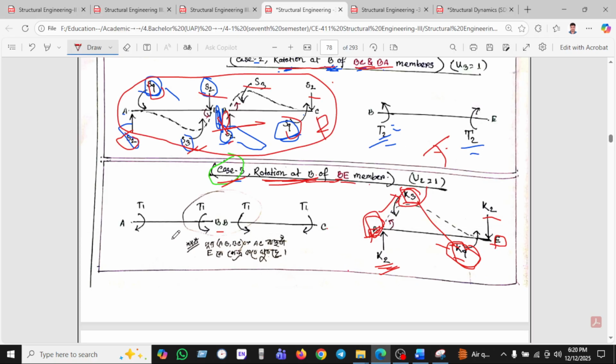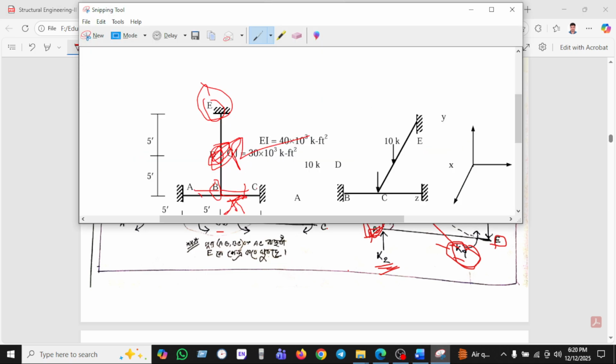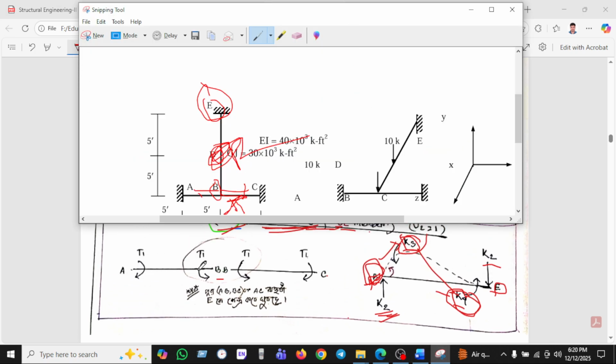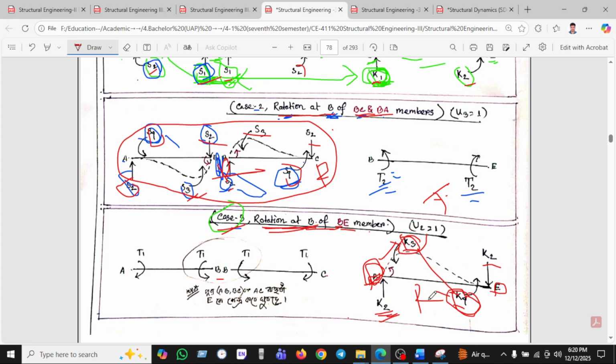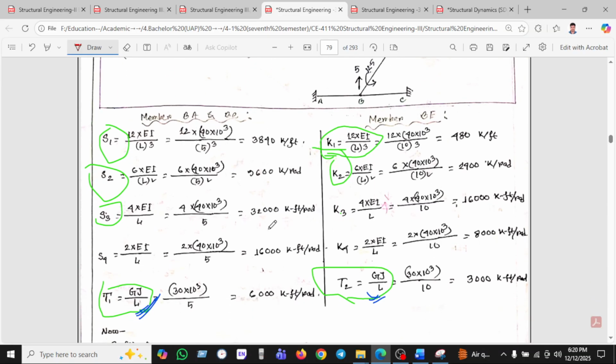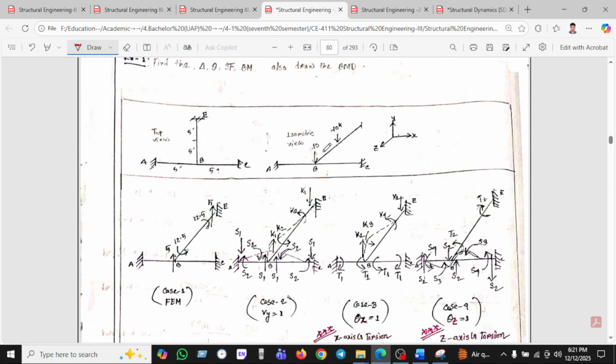So torsion is in AB and BC, and rotation is only in BE. Now we can see all the formulas here, and now we can solve this question.